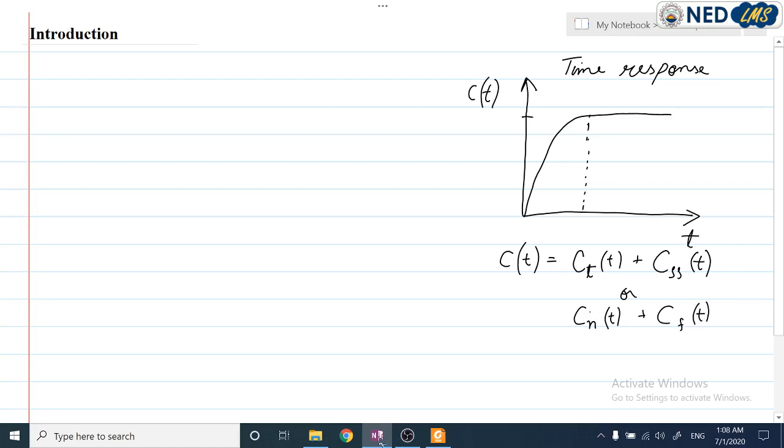And if we want to analyze this system, we have to analyze these two responses, namely the transient response and the steady state response. There are many techniques to analyze the output responses, such as solving differential equations or taking the inverse Laplace transform.